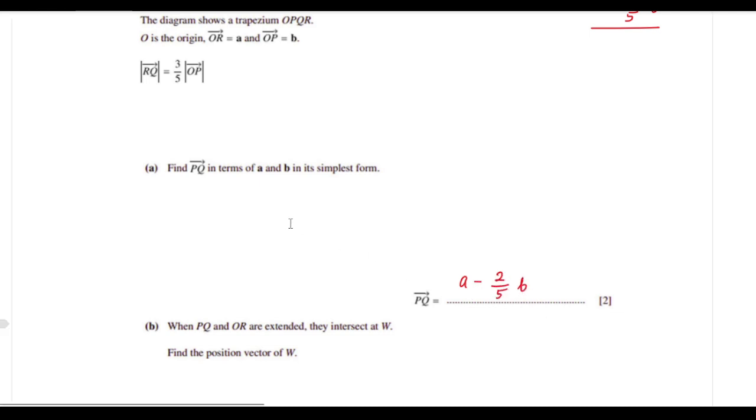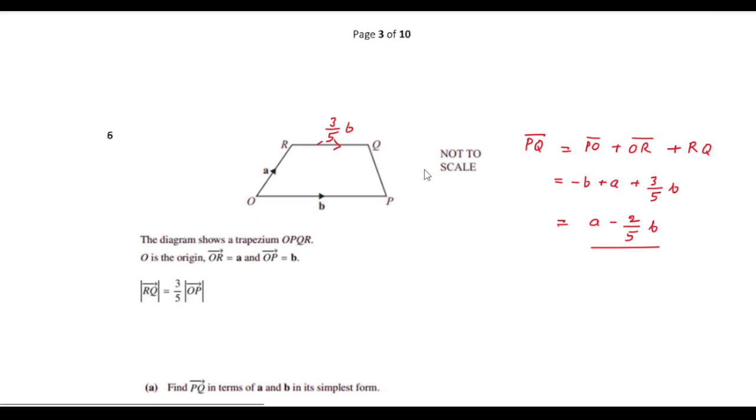Okay, the next question: when PQ and OR are extended, they intersect at W, find the position vector of W. So I will extend this part.